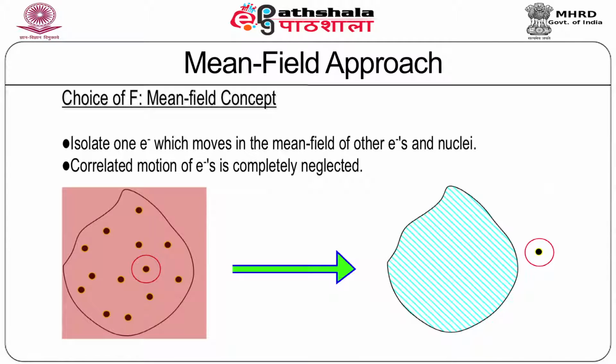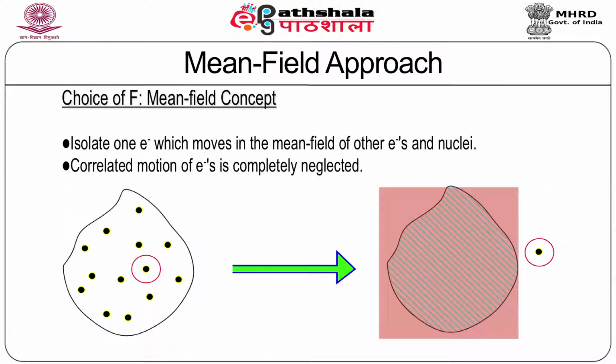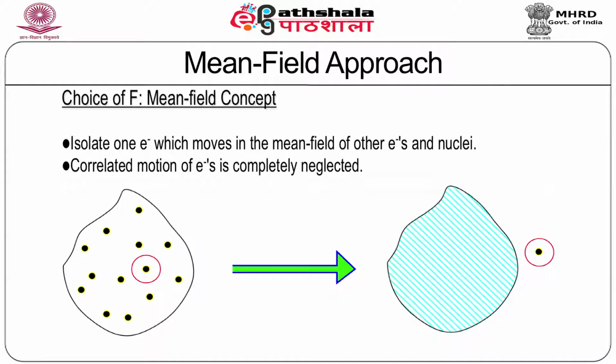So instead of having the detailed structure of these n-1 electrons, this is replaced by a homogeneous field with which this isolated electron interacts. We note that the correlated motion of electrons in this approximation is completely neglected.